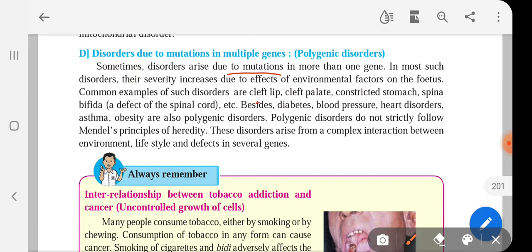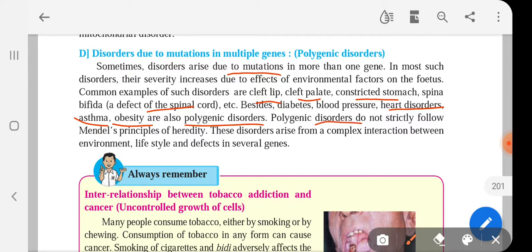Common examples of such disorders are cleft lip, cleft palate, constricted stomach, and spina bifida, a defect in the spinal cord. Besides, diabetes, blood pressure, heart disorders, asthma, and obesity are also polygenic disorders.